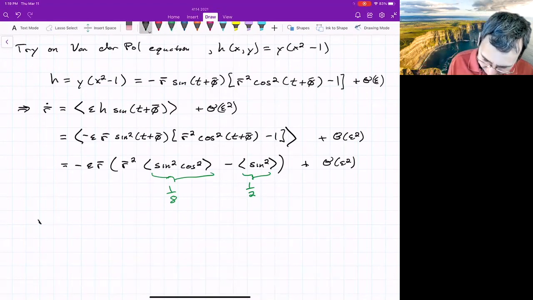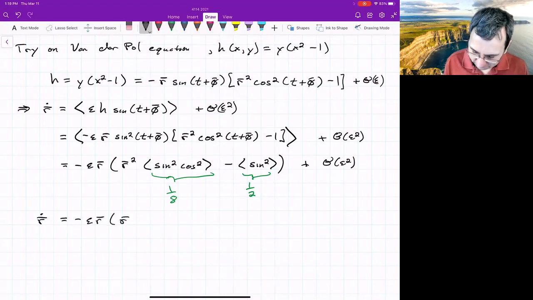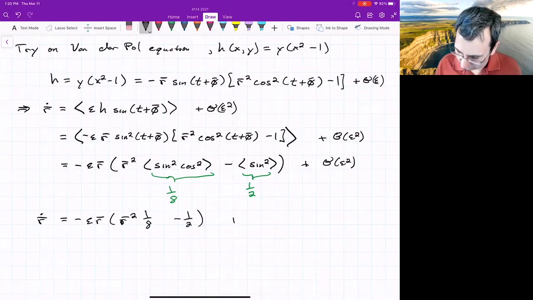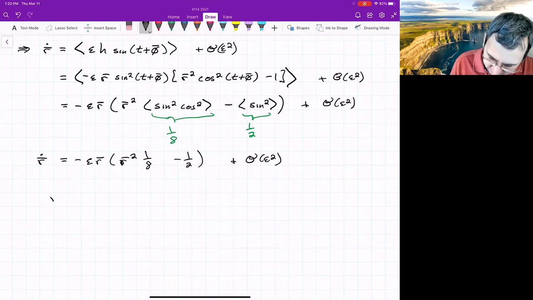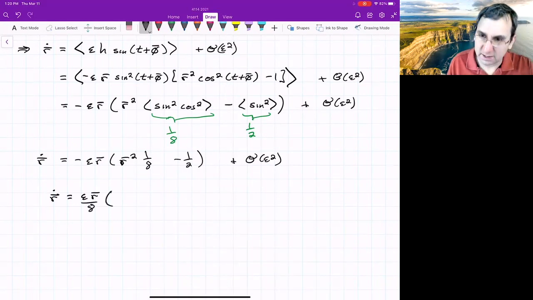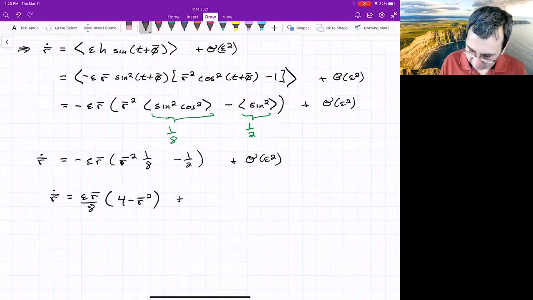So we've got r bar dot equals negative epsilon r bar squared times (1/8 minus 1/2), plus things of order epsilon squared. Let's collect some terms to make this look a little bit prettier. r bar dot equals epsilon r bar over 8 times (4 minus r bar squared), plus order epsilon squared.